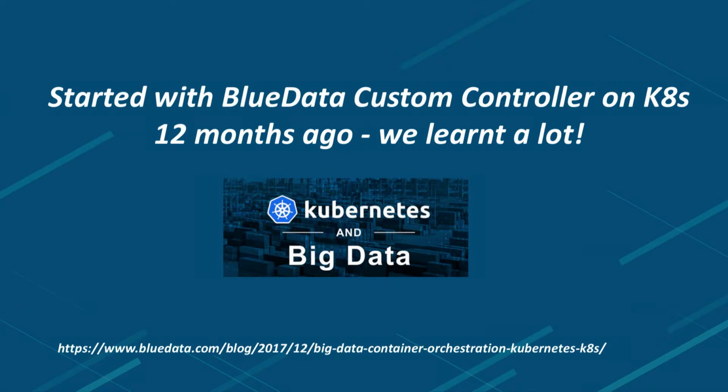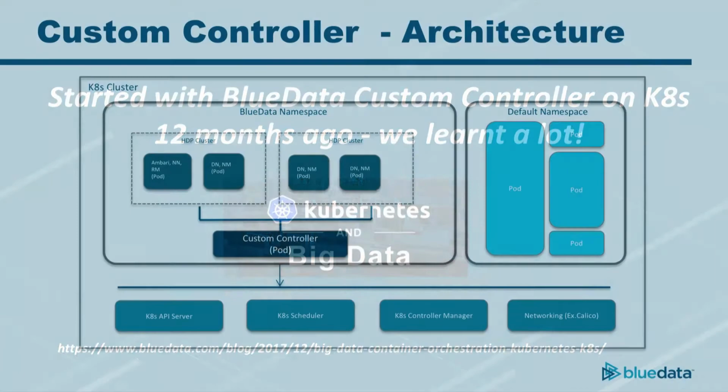So there are a lot of lessons learned when we built our own custom controller, and a lot of those patterns were reusable. At the same time, the Kubernetes community is also doing a lot of work. So we wanted to take our lessons learned, use what's happening in the Kubernetes community, and see how we can bridge the gap and what else is left to do.